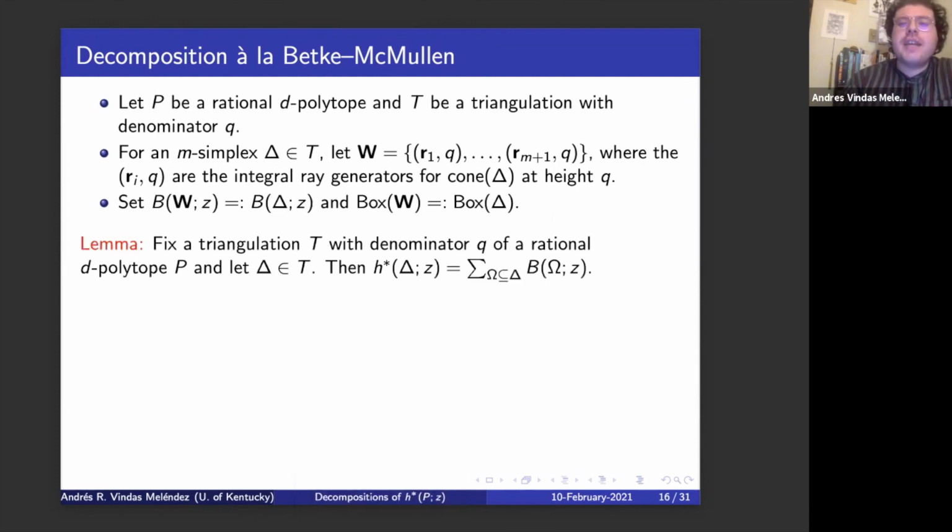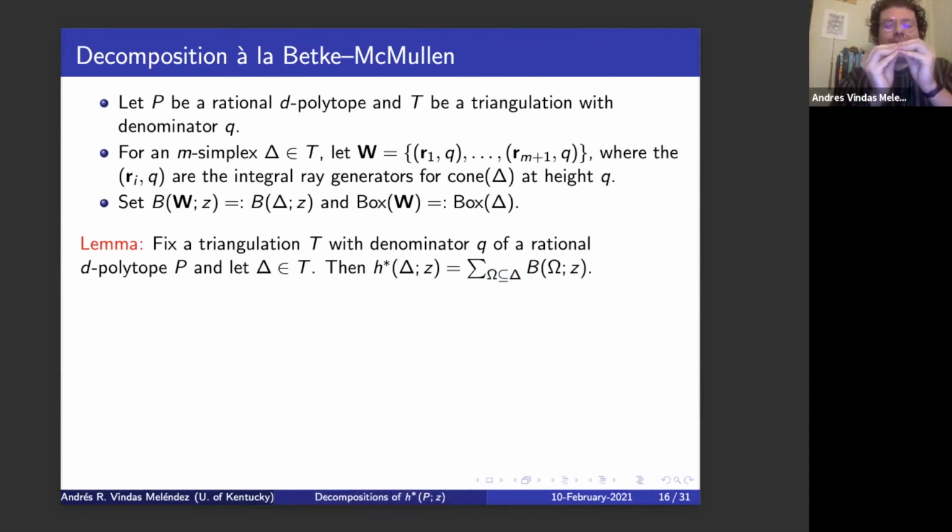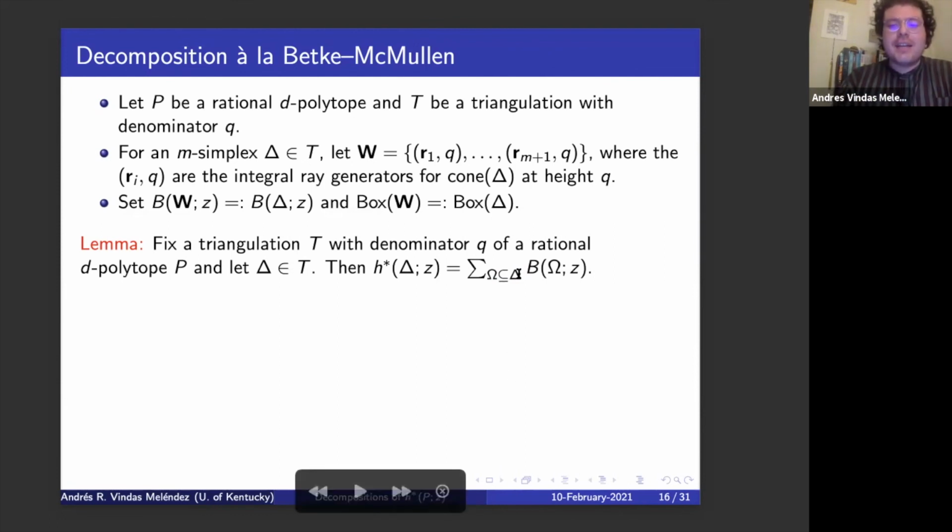If we fix a triangulation T with denominator Q, then the H star polynomial of a simplex in the triangulation is equal to the sum of the box polynomials of every subsimplex, taking each of the parts of the simplex.